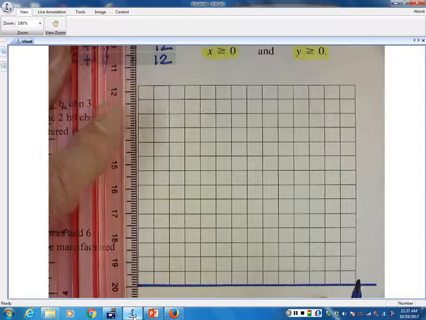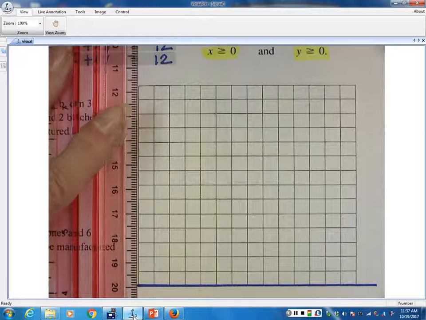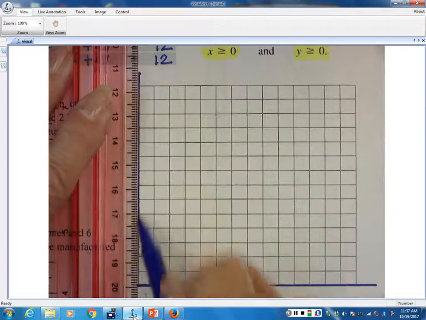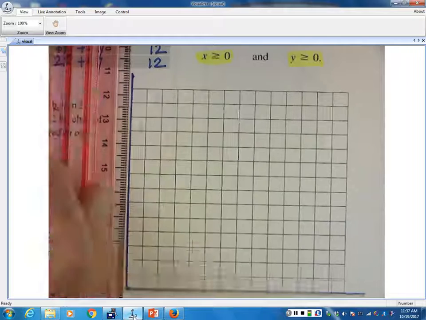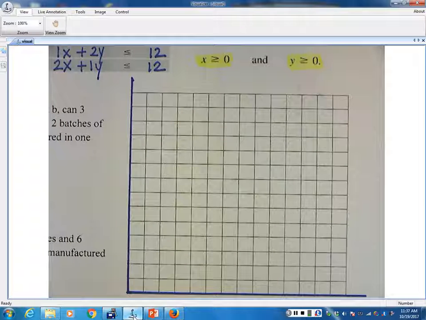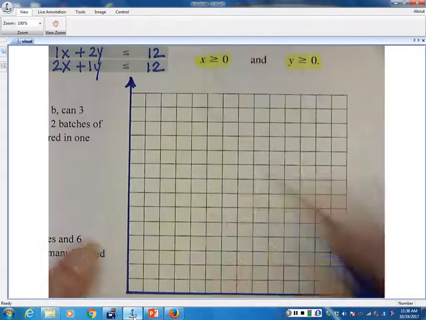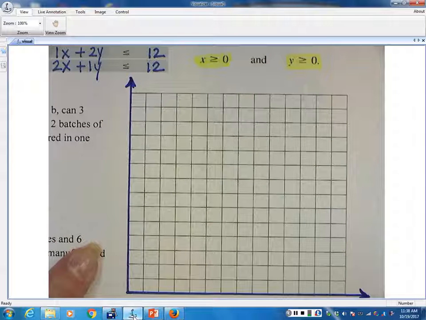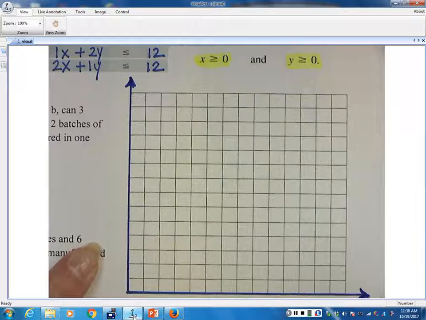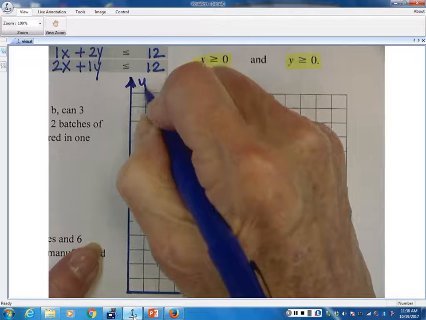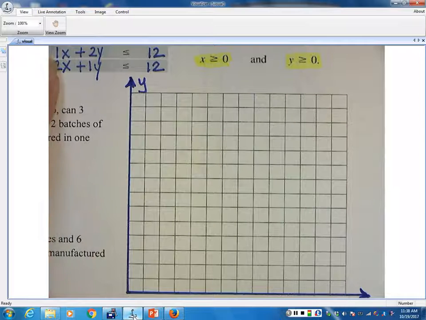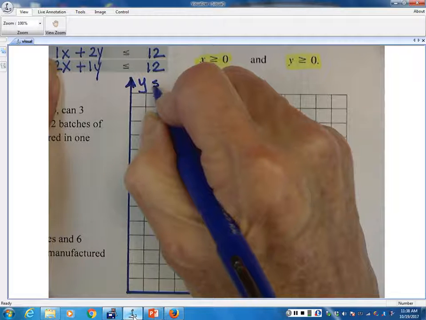Most application problems, most every problem we're going to do that's not just a graphing example, is going to be in quadrant 1. So most of your application problems are always going to be in quadrant 1. Now remember, x is your number of cake cones, and y is your sugar cones.